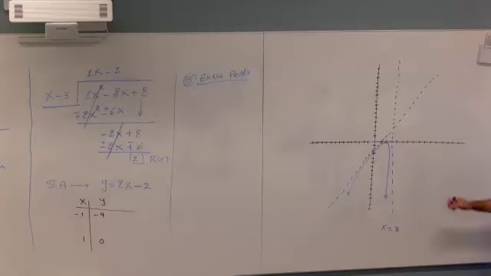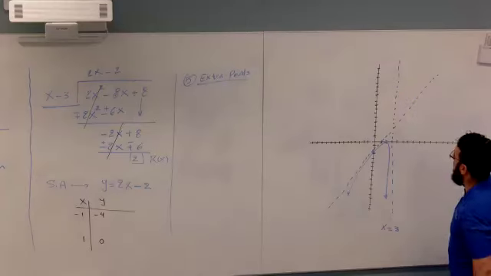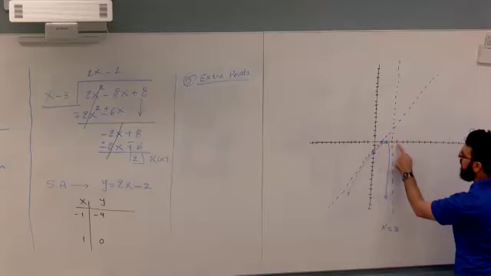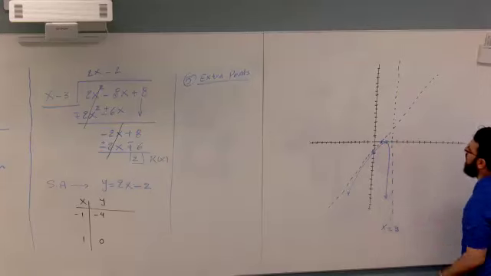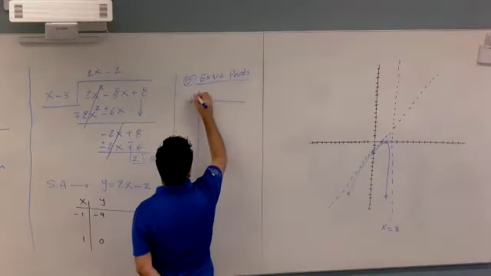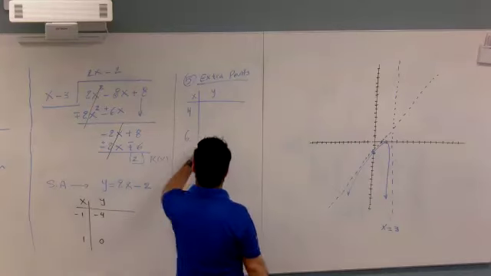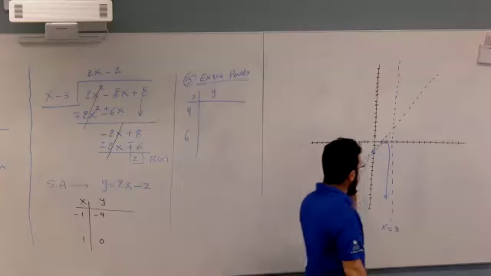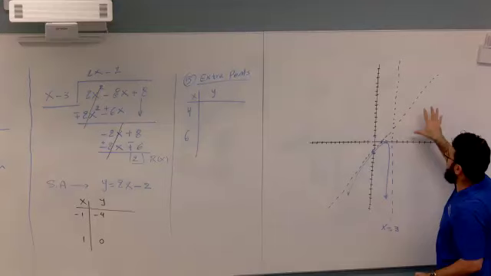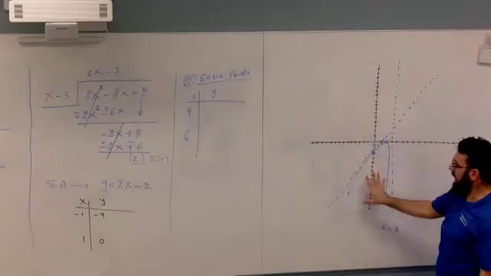Now I need to figure out the graph. Let's take x equals 4 and 6. Plug them into the function and tell me how much the result is going to be. Graph this part. It could be here, could be here, right? Because on this part, after the vertical asymptote, we already have the graph here.